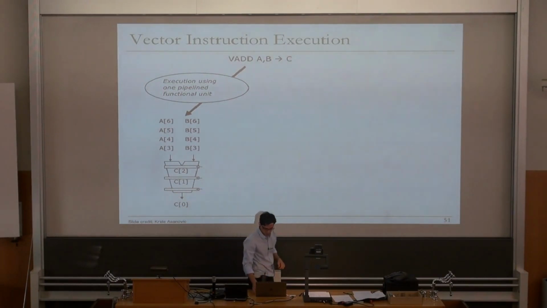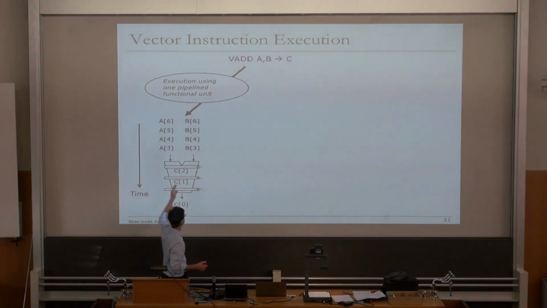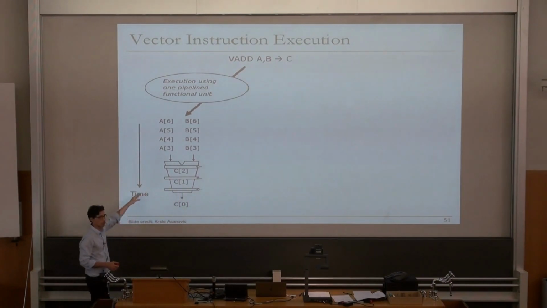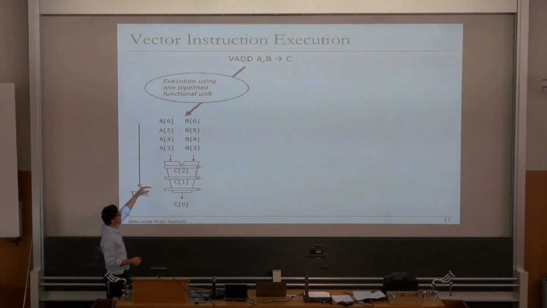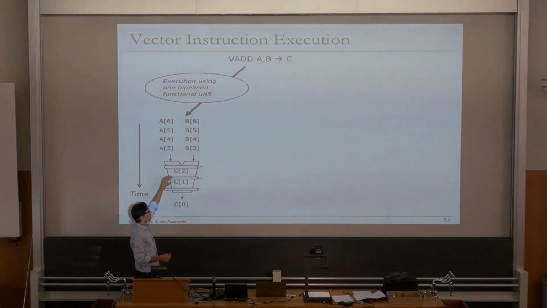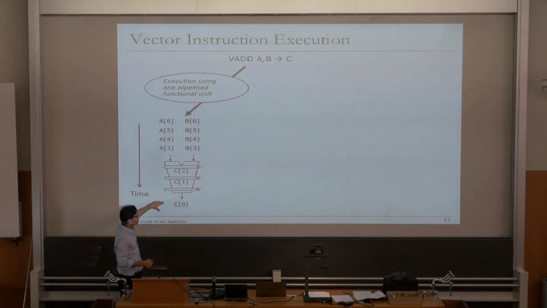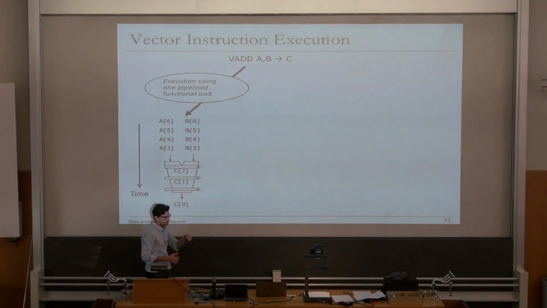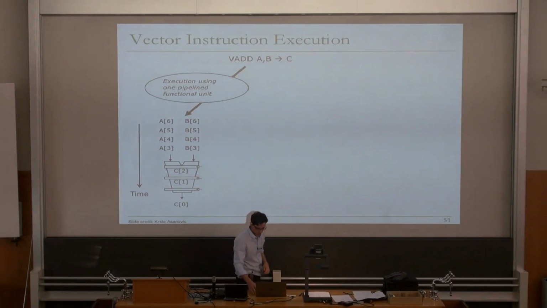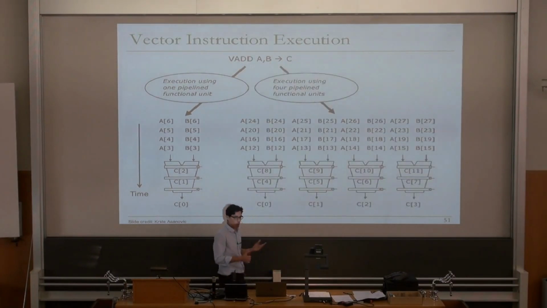So here what we are doing is essentially exploiting the parallelism in the pipeline. We are exploiting the parallelism by having different computations at the same time in different stages of this pipeline. We can have even more parallelism by having more functional units.